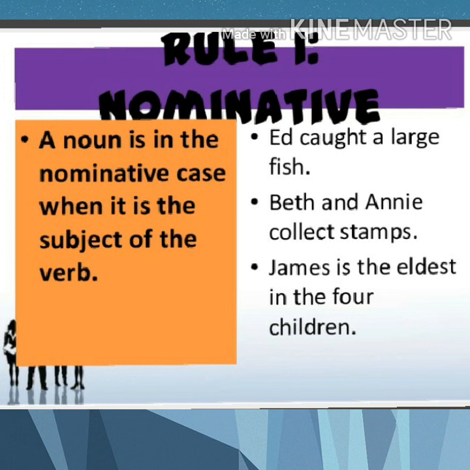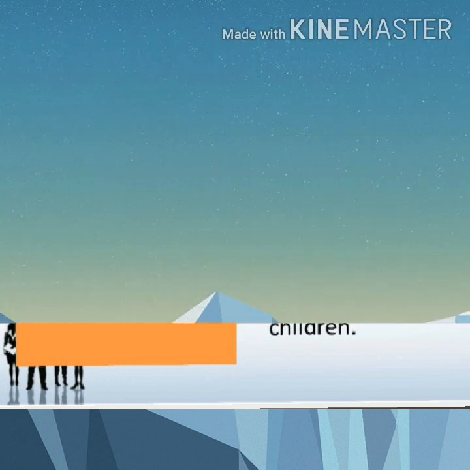So here in these 3 examples, in number 1 Eat, number 2 Beth and Annie, and in sentence number 3 James are used as subjects and they are called nouns. So they are called the nominative case of the noun.